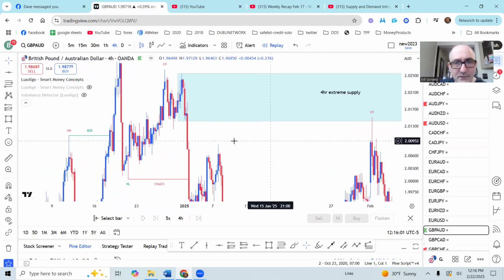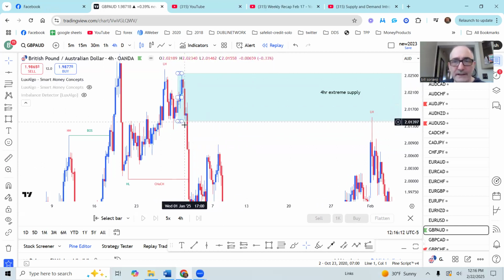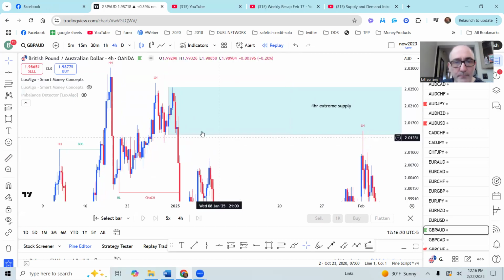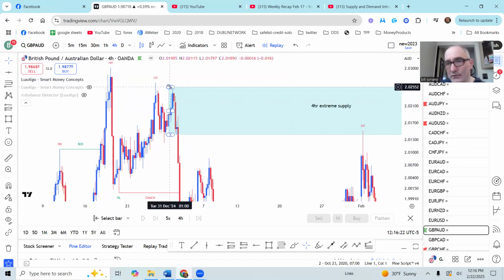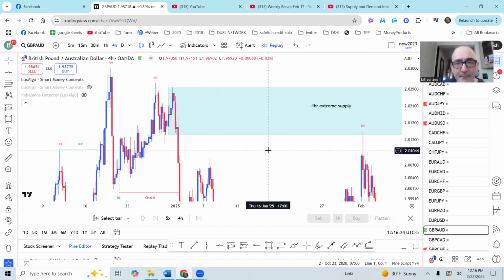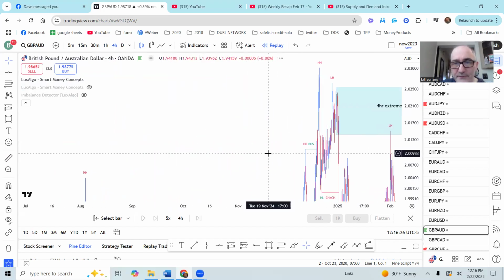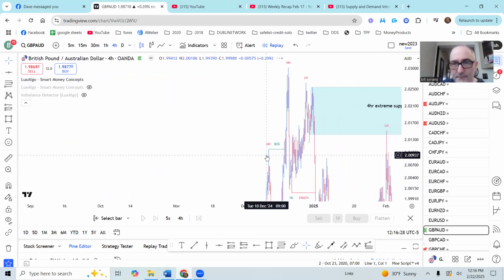Actually, this is the first part of it here. But because these candles are included in the order flow that leads to this supply zone being created, they're all included in consolidation here. So we put the top of the supply zone all the way over here, and that became an extreme supply zone because if you go to the left here, there's nothing else there.